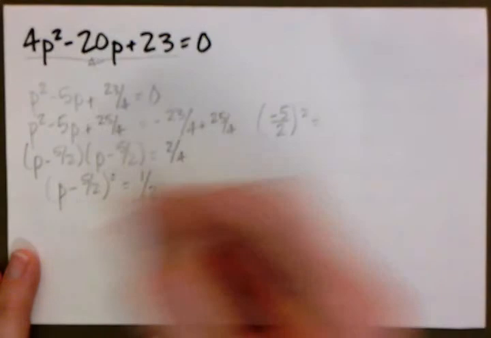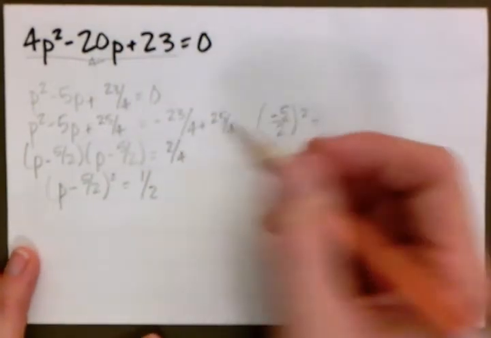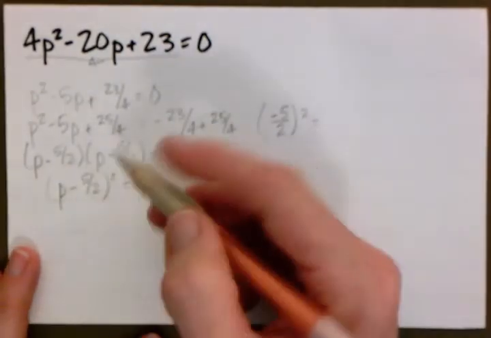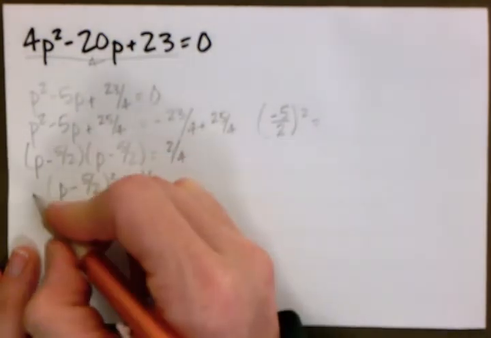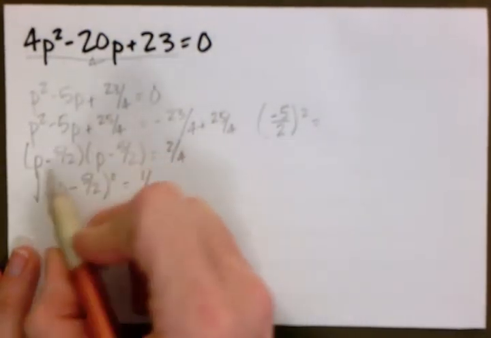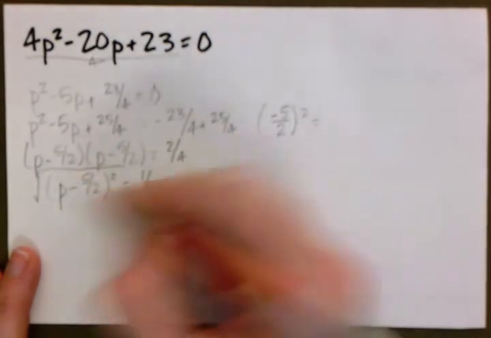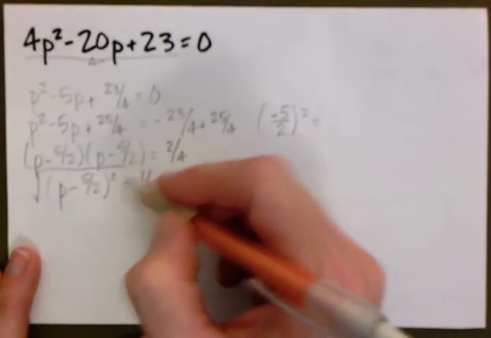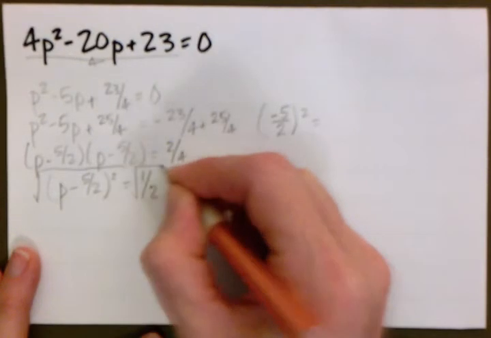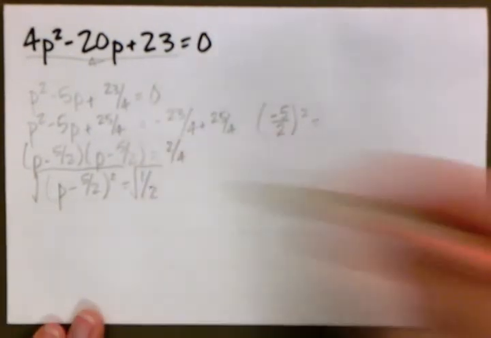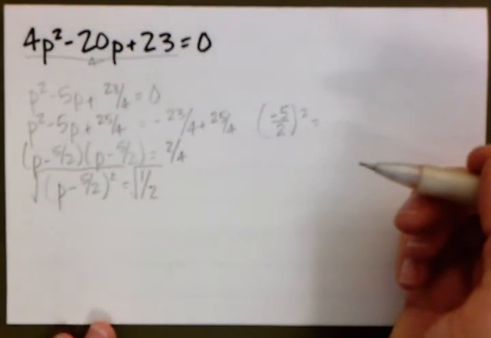We're solving for p here, but unfortunately we have p squared right now, so the way that we get rid of that is that we want to take the square root of p minus 5 halves squared, but whatever we do to one side of the equation we must do to the other, so we also have to take the square root of 1/2.